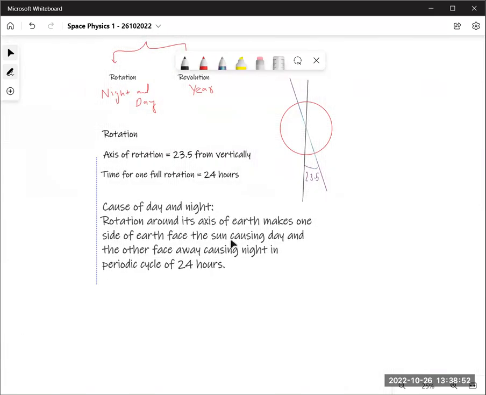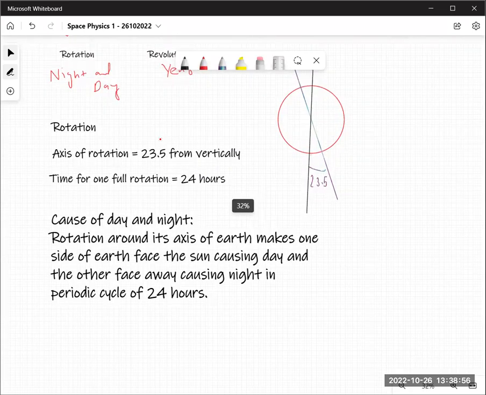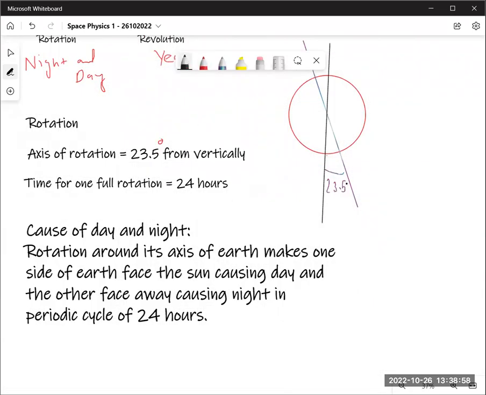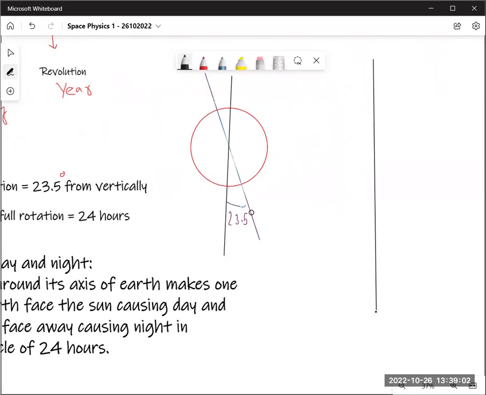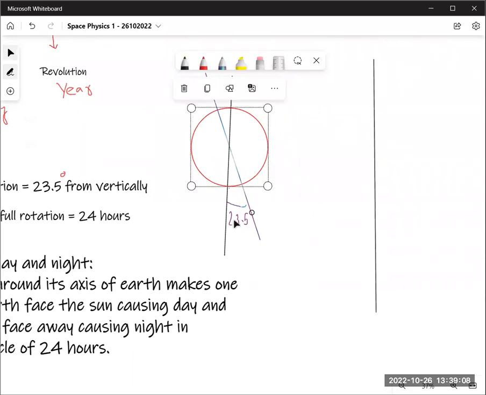What is 23.5? That is the angle of the axis. Look, if I have a vertical like this, but I rotate it to some degree. If I had Earth and I rotate the Earth like this, Earth was actually like this, but in reality it rotates like this, and that is how it's revolving.